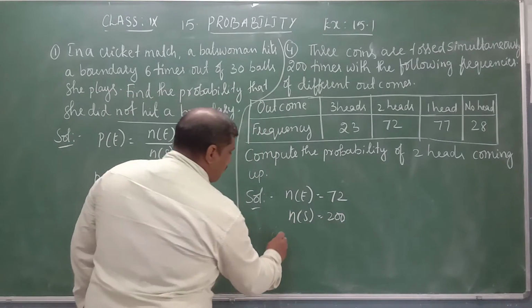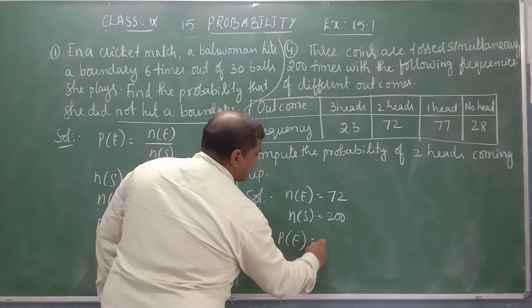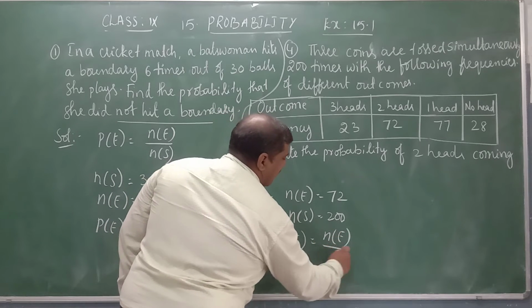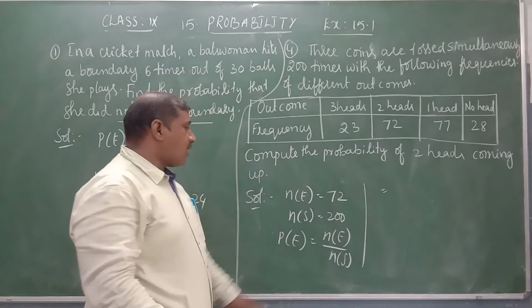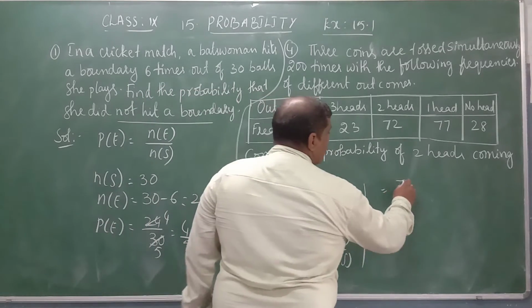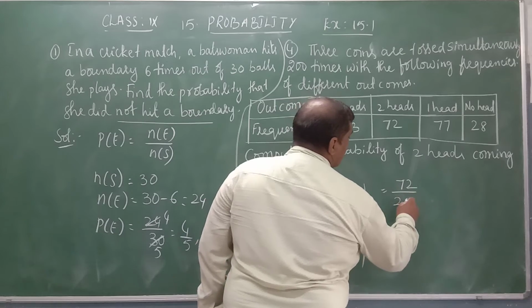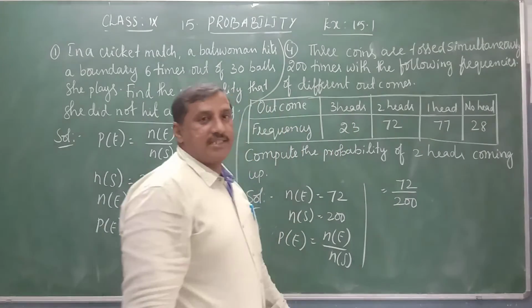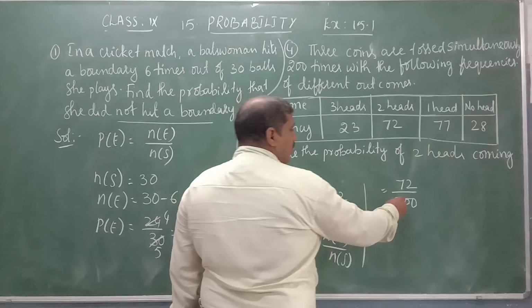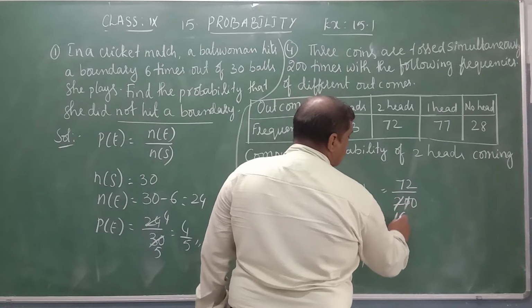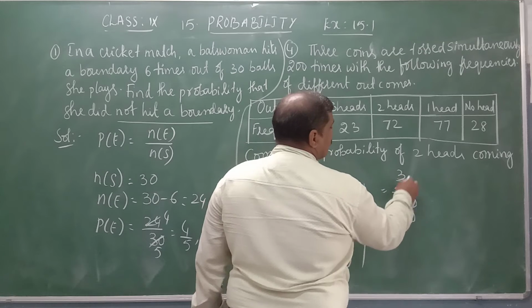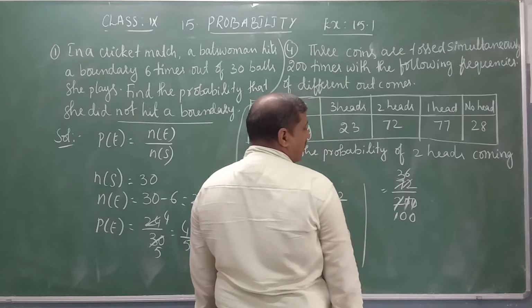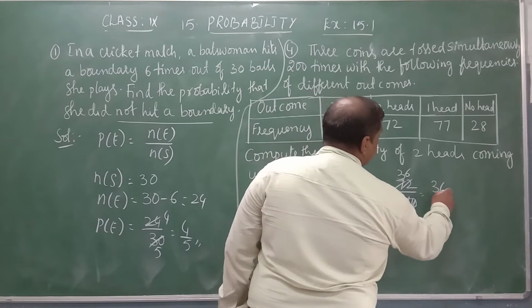Now P of E is equal to N of E divided by N of S, that is 72 divided by 200. Now you simplify this. 2 ones are 2, 2 zeros are 0, 2 threes are 6, 2 sixes are 12, so 36 by 100.